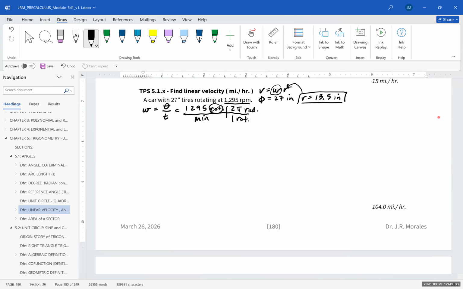So rotations will cancel with rotations, leaving us with radians per minute. Okay, and that'll give us 2,590 pi radians per minute. So that is our angular velocity.